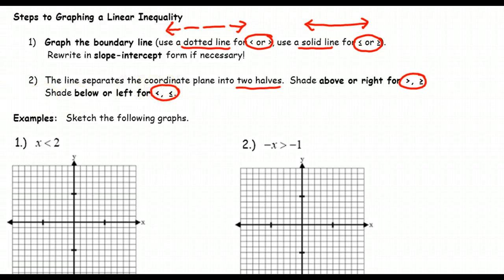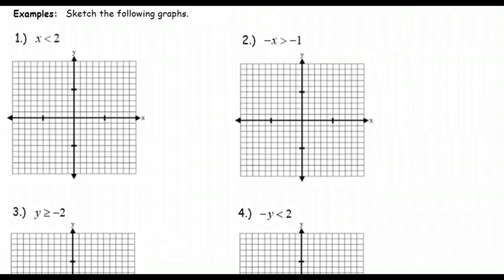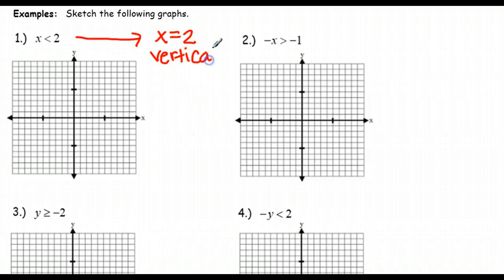Let's take a look at this first example. The inequality is x is less than 2. If we think of this as an equation, x equals 2, we know that equations written in this format are vertical lines. So we know that this inequality is going to produce a vertical line.